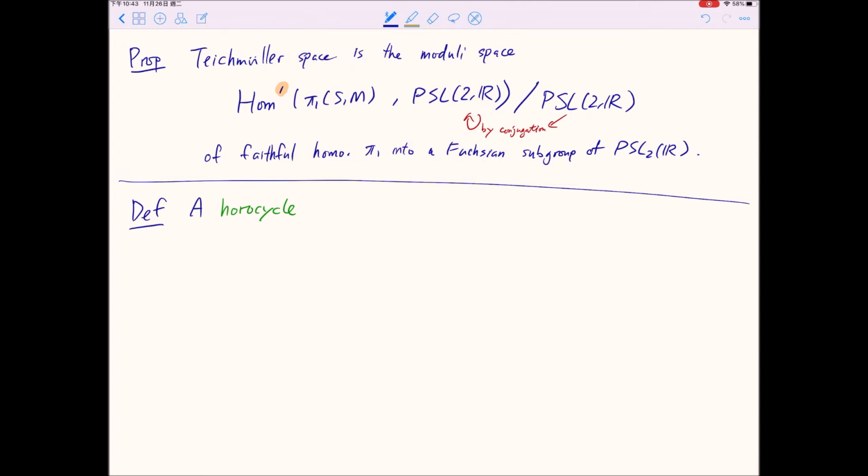So a horocycle around a marked point P will be a curve that is perpendicular to every geodesic starting from P.